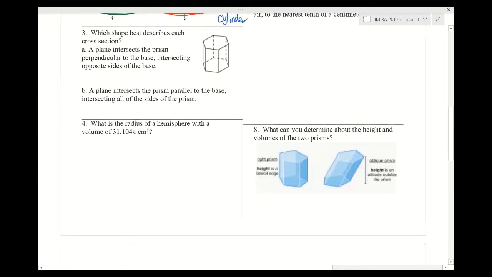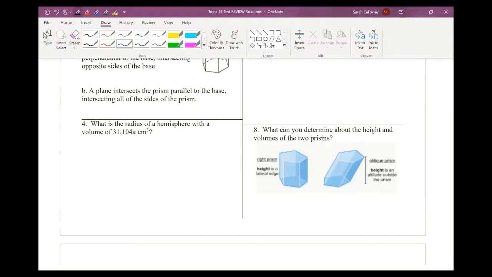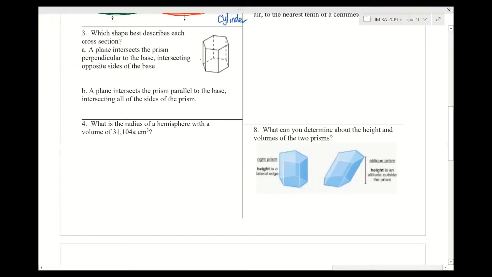For question 3, it's talking about planes intersecting the shape. If a plane intersects a prism perpendicular to the base, so it cuts here, it would create a rectangular shape that looks like this inside that prism.